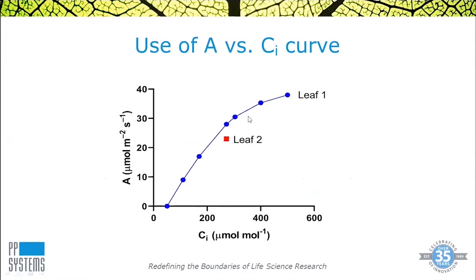We are showing an A versus Ci curve for leaf 1. We plot leaf 2 on that same curve. We see immediately that it is not on the same curve, which means that there is something with photosynthetic physiology that's different about leaf 2. It is not just a matter of differences in stomatal conductance.